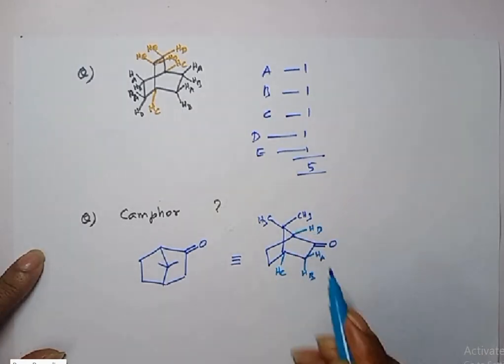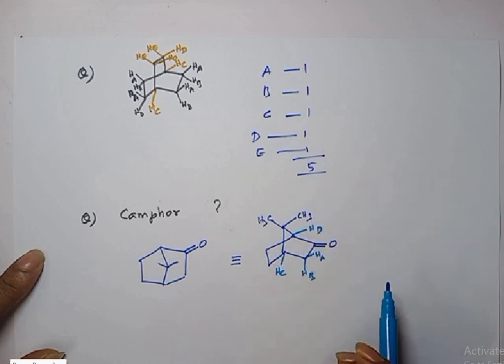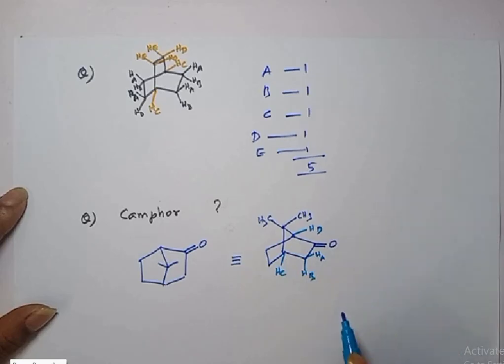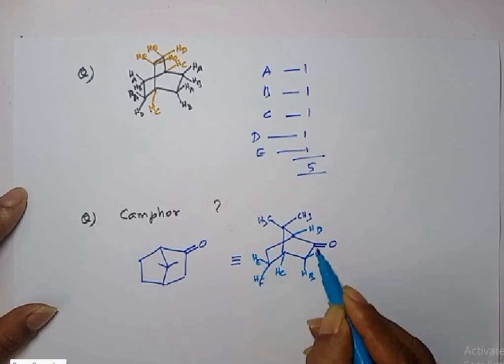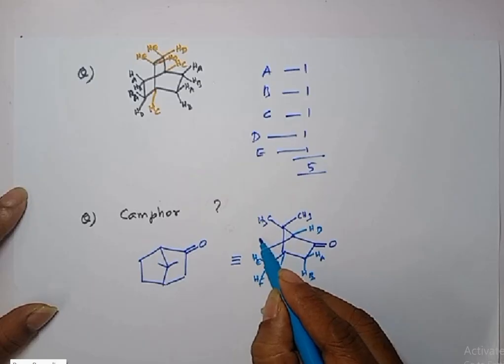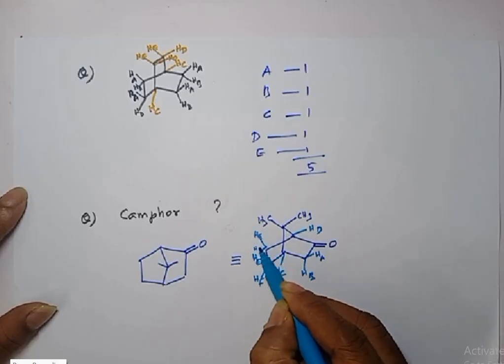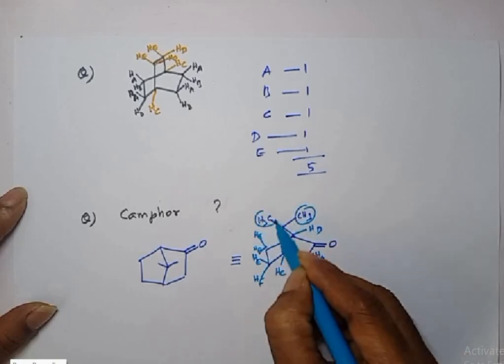They are in different environments because we have a carbonyl group which gives an electron pulling effect, or inductive effect, right? And these hydrogens, exo hydrogen, let me represent this as E and this as F. They are far away from the carbonyl group, and HG and HH, right? And these 2 methyl groups are also different.